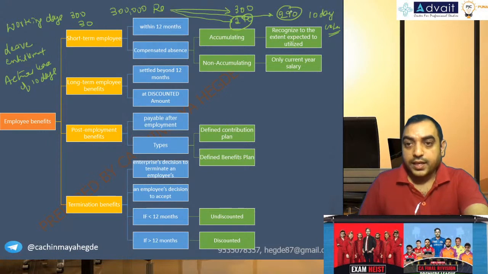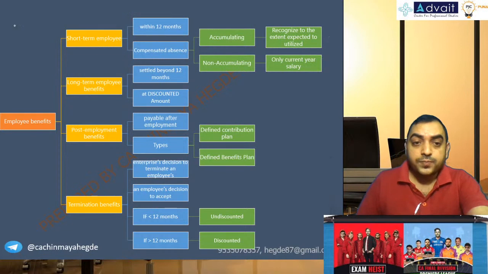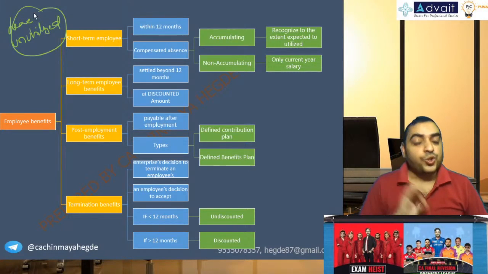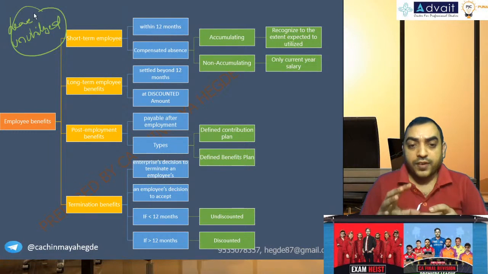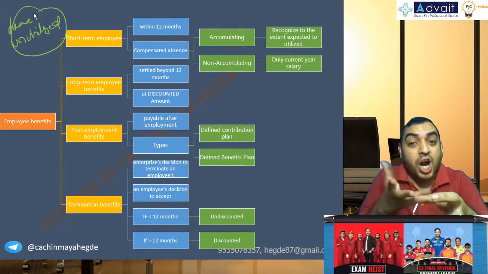Actually, only 10 days leave taken. He worked for 20 days extra. The extra that he worked, in other words, leave unutilized. Leave unutilized, where the employer got the benefit, but the employee was not paid.